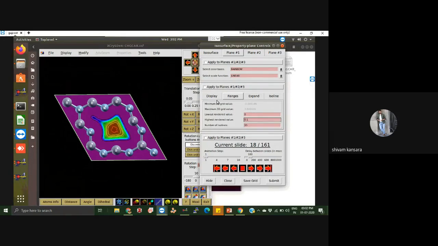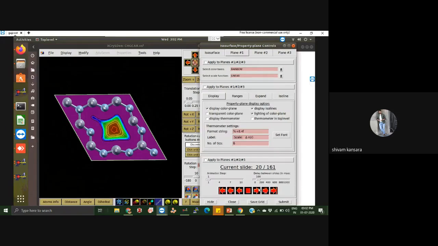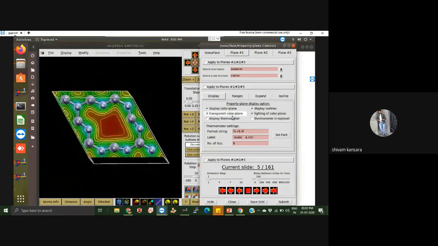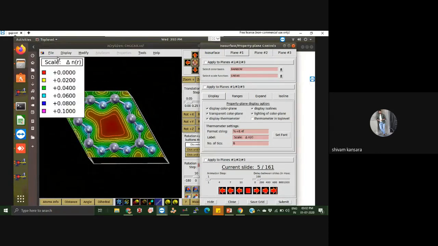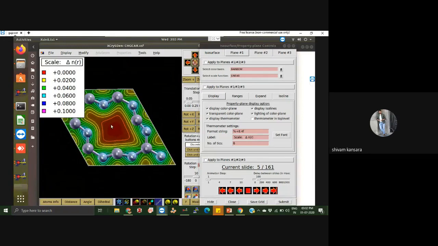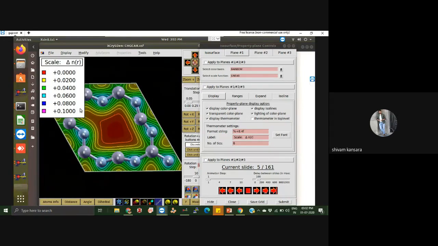This is our final charge density graph where we can go forward and see. This is the display thermometer. You can see in this thermometer that the red color in the middle shows 0 charge density, while yellow shows weak charge density.